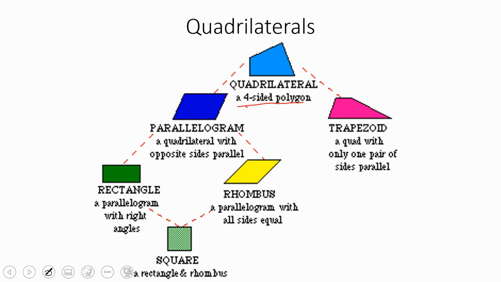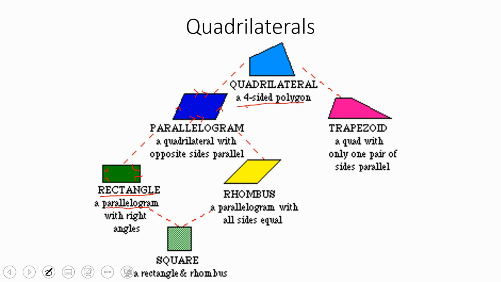So if you have a parallelogram, that is a quadrilateral with opposite sides being parallel. That means this side is parallel to this side, and this side is parallel to that side. Okay? Now, you can have a special parallelogram, which is a rectangle. It has to be a parallelogram with 4 right angles. So all of these angles must be right angles.